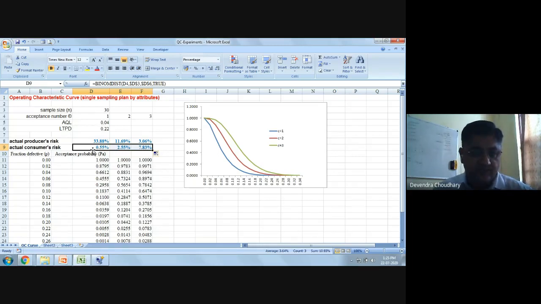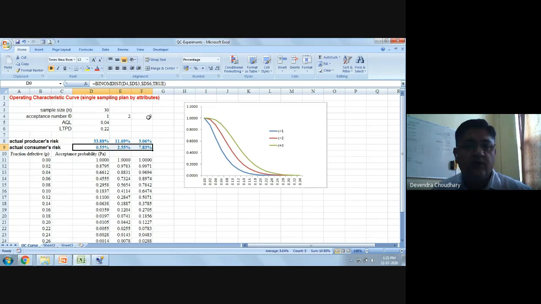You see here, consumer risk is increasing with acceptance number. So the consumer would like to keep the acceptance number as low as possible, whereas the producer risk is decreasing with increase in acceptance number. So the producer would like to keep the acceptance number as high as possible.